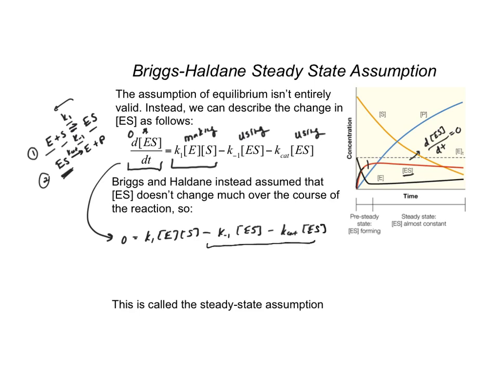And so I'm going to be left with K1 times concentration of enzyme, concentration of substrate is equal to K minus 1 concentration of enzyme substrate plus K cat concentration of enzyme substrate. Okay, and again, this big one is called the steady state assumption, pardon me. All right, so now we're going to take this guy moving forward.